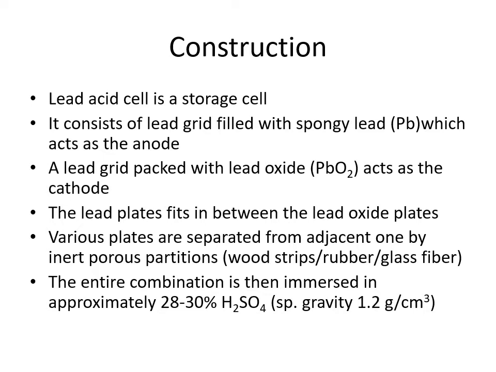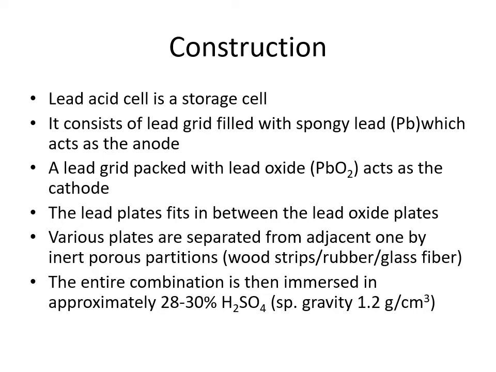Construction. Lead acid cell is a storage cell. It consists of a lead grid filled with spongy lead which acts as an anode. The lead grid packed with lead dioxide acts as the cathode. The lead plates fit in between the lead oxide plates.